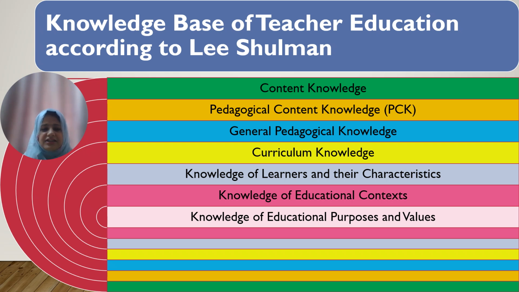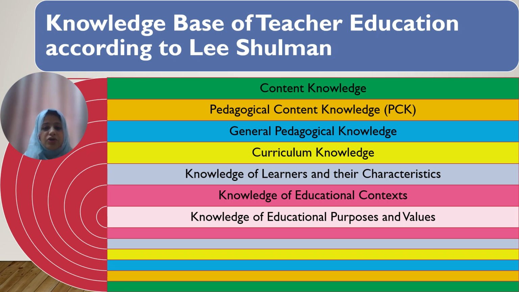Next is general pedagogical knowledge. It is the knowledge about teaching strategies, classroom management, and learning theories. Next is curriculum knowledge. Knowledge of the textbooks, the syllabus and the instructional materials comes under it. Next is the knowledge of the learners and their characteristics. That means understanding the students' psychological development, abilities, and differences.